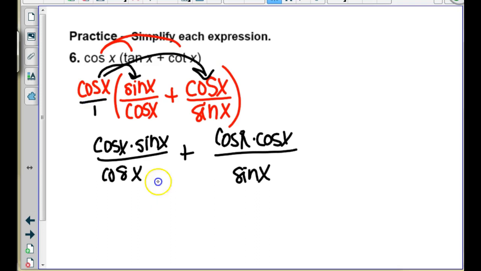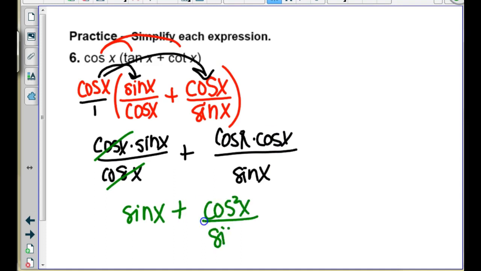All right, but it's not killing kittens as long as it's multiplication to just divide those out, right? So this is just sine x. Over here I have cosine squared over sine x. Is that looking any simpler? Any ideas?